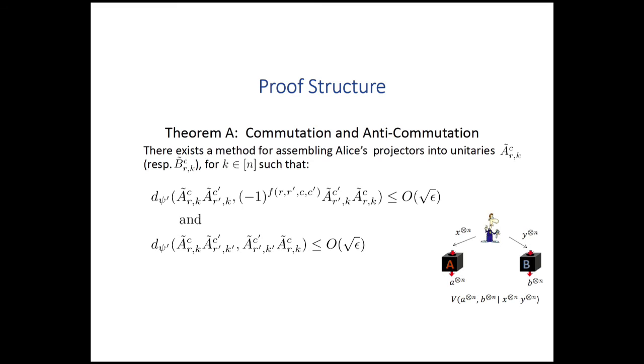And if you look at two distinct rounds, then Alice's observables should always approximately commute. That's one non-trivial step: you would like to intuitively say that the players are treating every round individually in a commuting way, but you can't say this a priori just from seeing the test. So that takes some work. That's the first part of the proof.